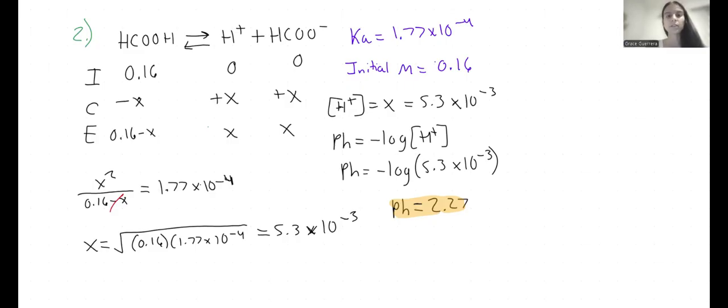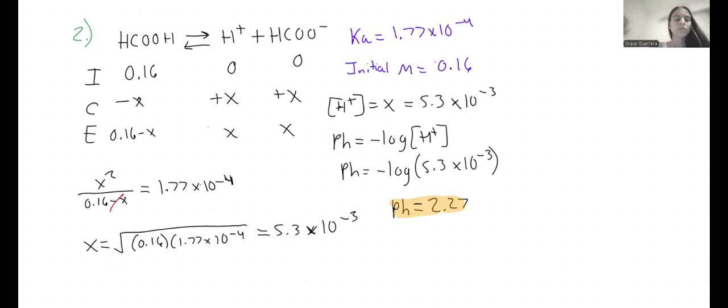Since we're not given the concentrations for our proton and our base, we assume those are 0. Since we're forming products, our formic acid is negative X for the reactants and positive X for our products. So we get an equilibrium concentration of 0.16 minus X, and X and X for the products.